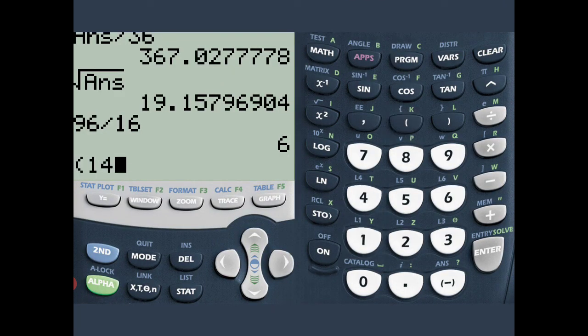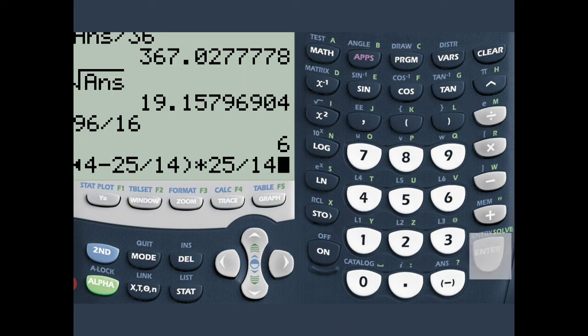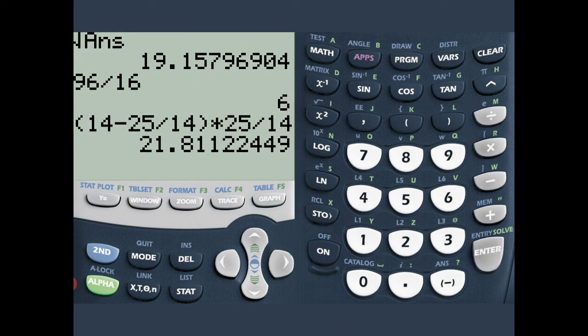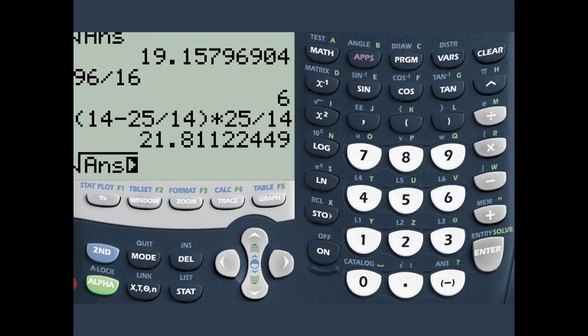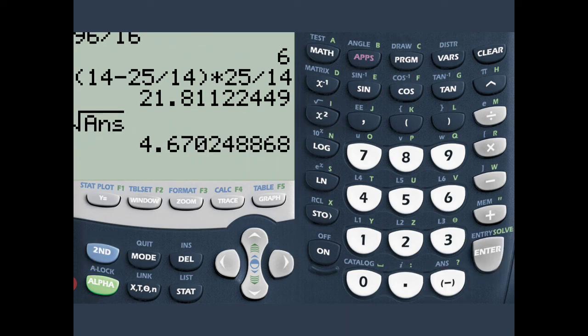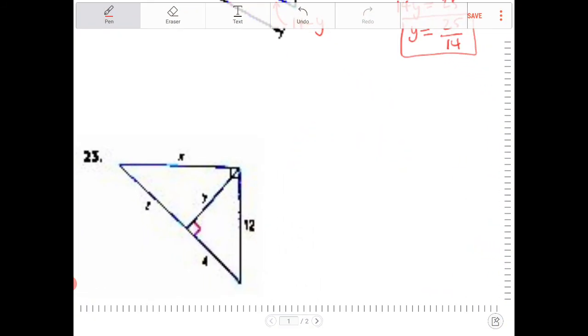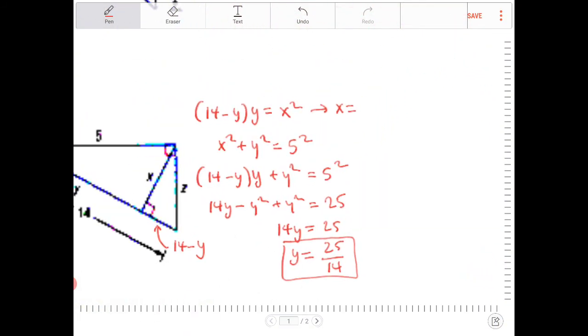So 14 minus 25 over 14 times 25 over 14 is equal to x squared. I'm going to take the square root of that. 4.67. So x is approximately 4.67.